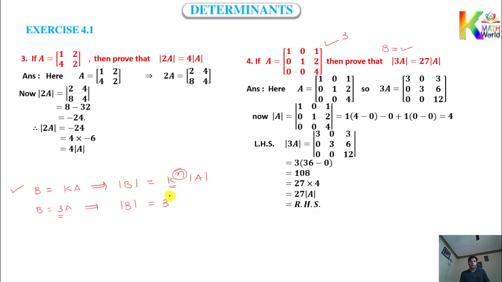So it is 3 raised to 3 into the determinant of A. That was the third note, and it can be easily explained by these two illustrations.